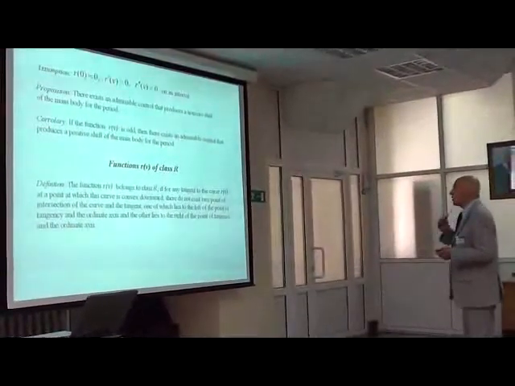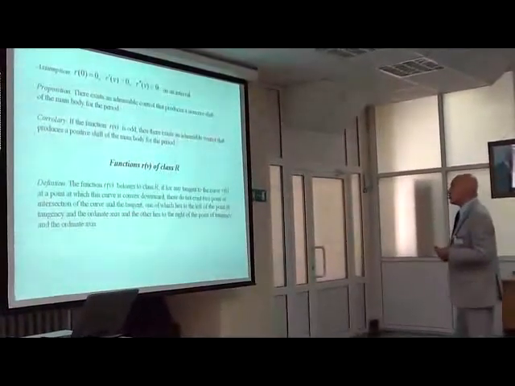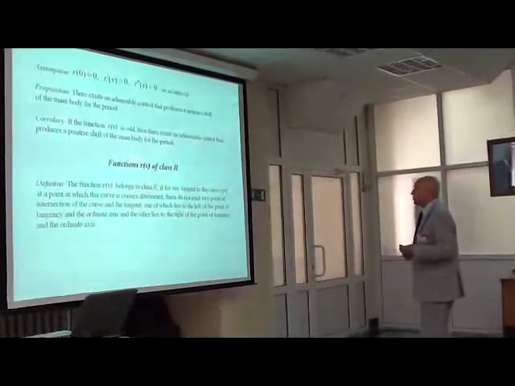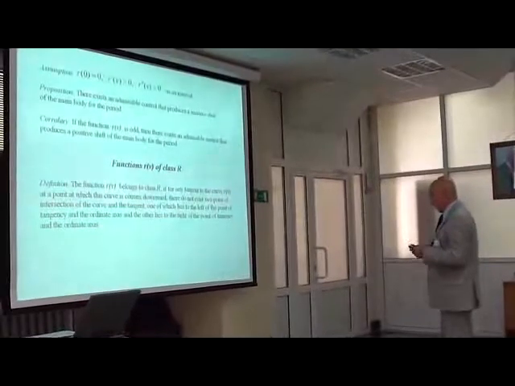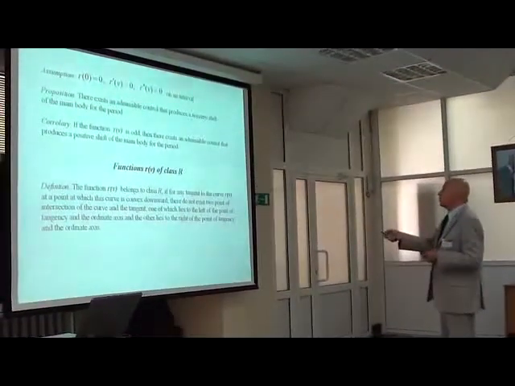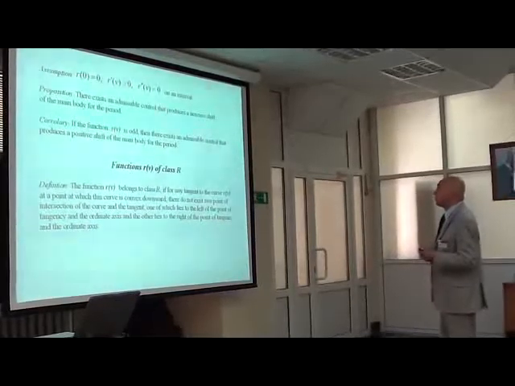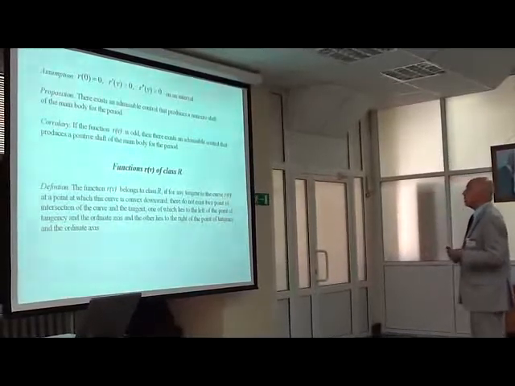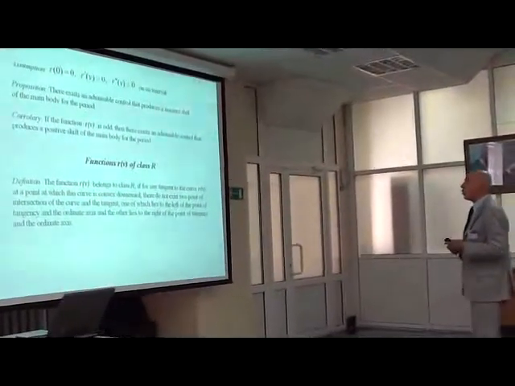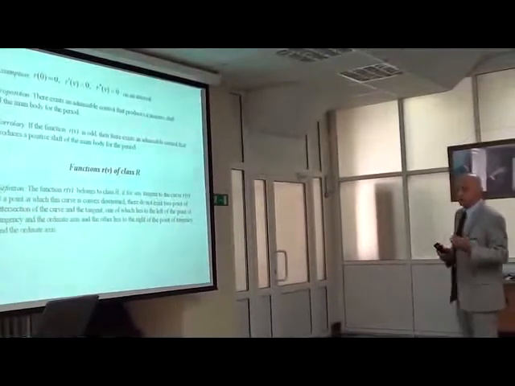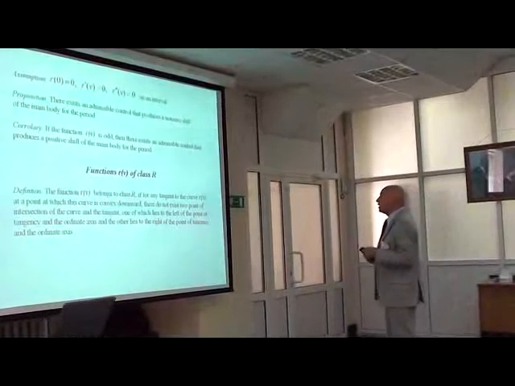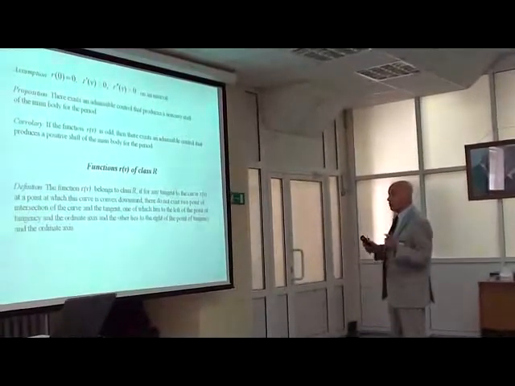Several words about the class of functions R of V that we consider. First, we assume that the derivative of this function R of V is non-negative, and there is no linear interval. So R double prime of V is not equal to 0 on any interval.